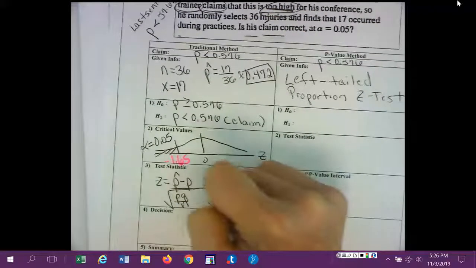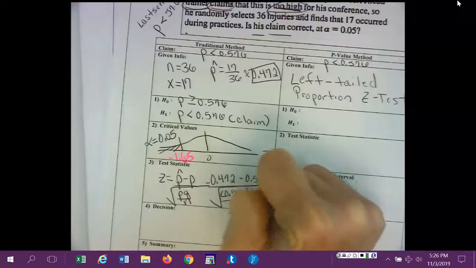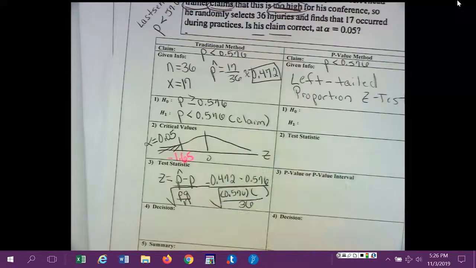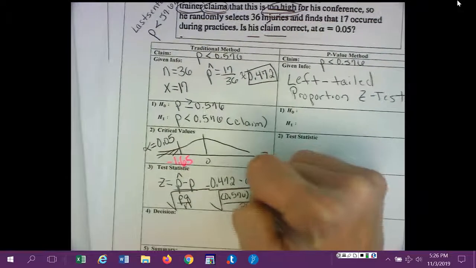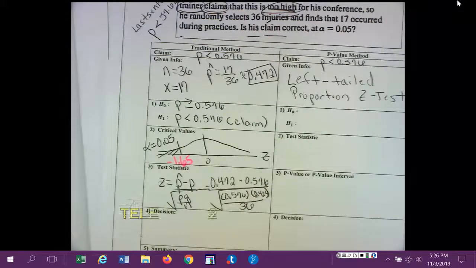Under the radical, if P is 0.576, then Q has to be 1 minus that, and I get 0.424.